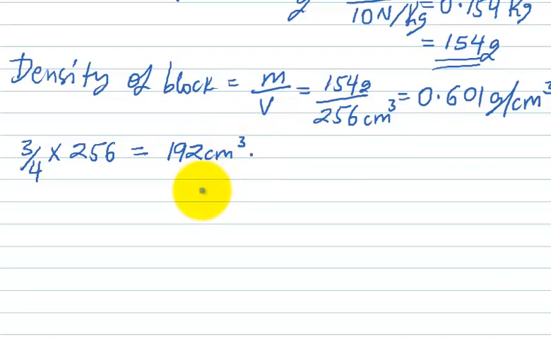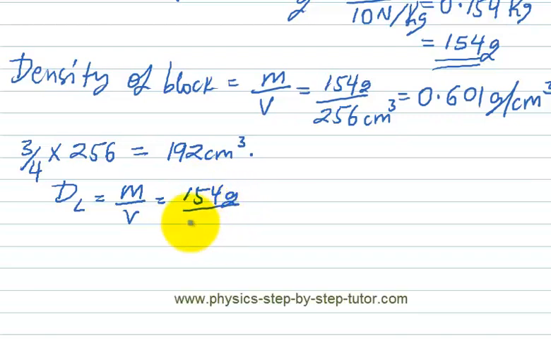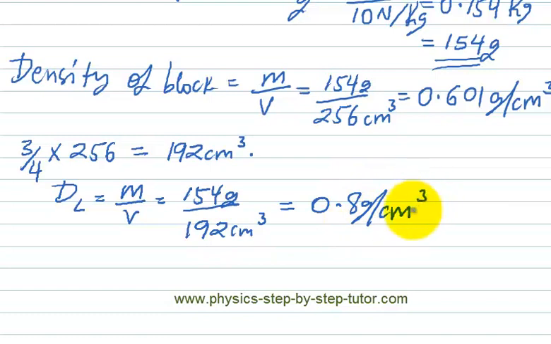We already know the mass of the liquid. Therefore, it's very easy to calculate the density of the liquid from mass divided by volume, which is 154 grams divided by 192 centimeters cubed. And this gives us 0.8 grams per centimeters cubed. So the second part is very easy.